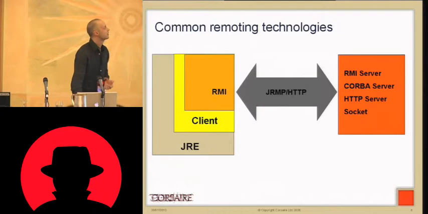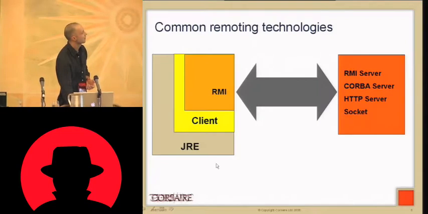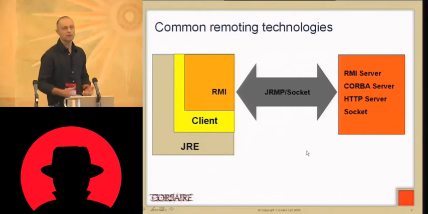So when we're looking at typical client-server application for Java, we have things like client side over here, server side over here. You have the JRE, the client running on the JRE, and then some kind of remoting interface here, the actual remoting transport, and then the server side. And Java is quite a feature-rich language, so there are loads of libraries and loads of different options you can use for both the client and the server side.